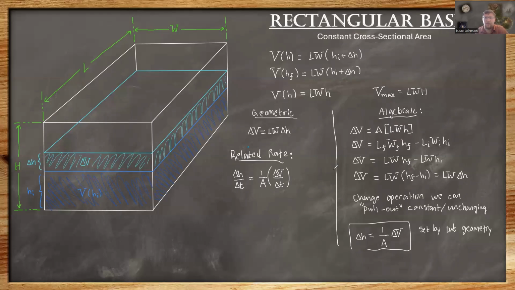Before, what we had was a relation of change of change. This isn't a rate. That's just how much volume changes. This isn't a rate. That's just how much height changes. And we have them coupled together now. And over here, now we have a related rate because this is a volumetric flow rate.